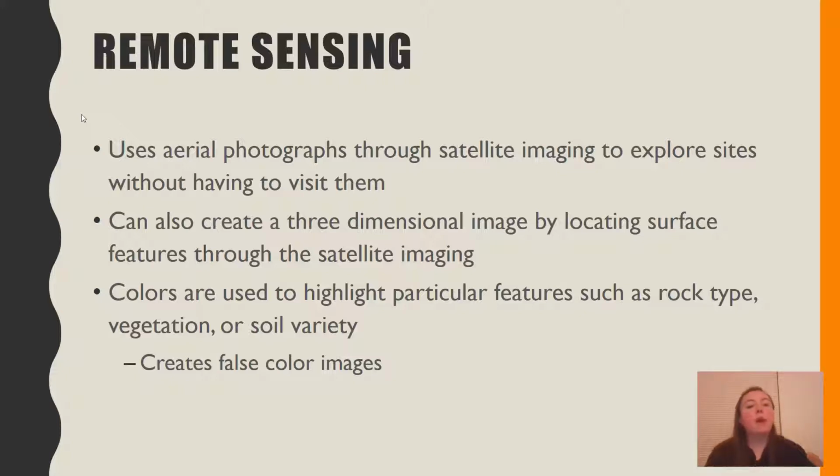So basically the process is scanning the target area itself, and this creates the image for us, which can be two-dimensional or three-dimensional. And once this image is scanned, we can use colors to highlight particular features such as rock type, vegetation, or soil variety to determine where these ore deposits might be. And once these images are created, they are called false color images.